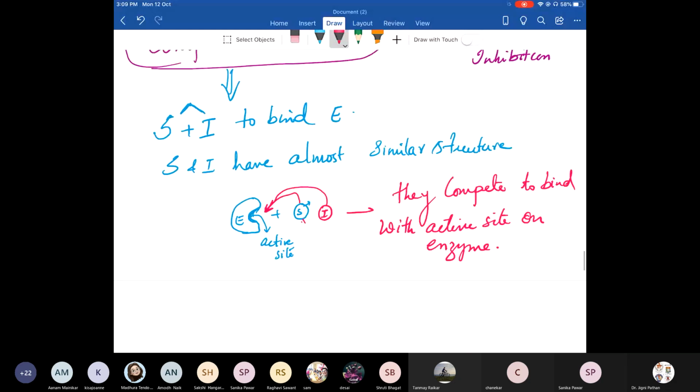Okay. Now, very important. This reaction is reversible. It's reversible, but when? Reversible on increasing substrate concentration.